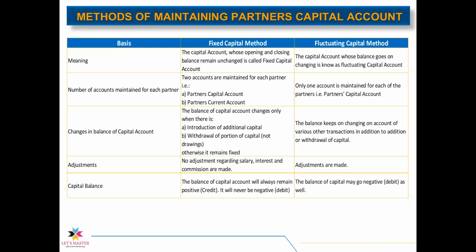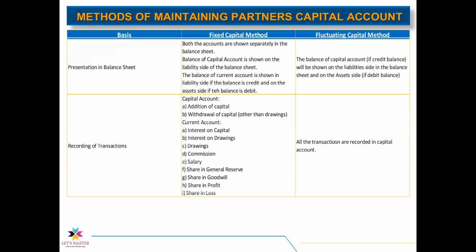It will never have a negative or a debit balance. Whereas if you are maintaining the partner's capital account using fluctuating capital method, then the balance of capital account may go negative or it may have a debit balance as well.